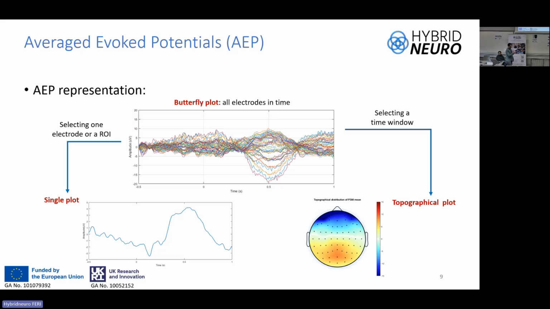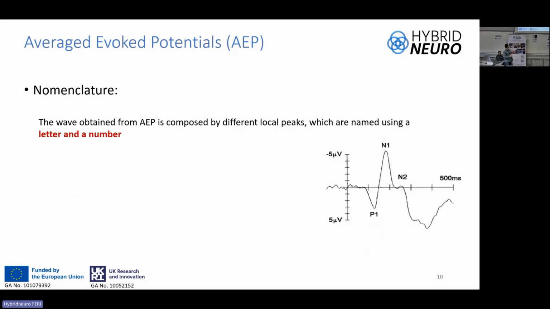Or we can select a time window of interest. For example, we can select a time window from 400 milliseconds to 700 milliseconds, average the signal on this time window, and then we obtain a topographical plot. These are the three main ways to represent the average evoked potential.